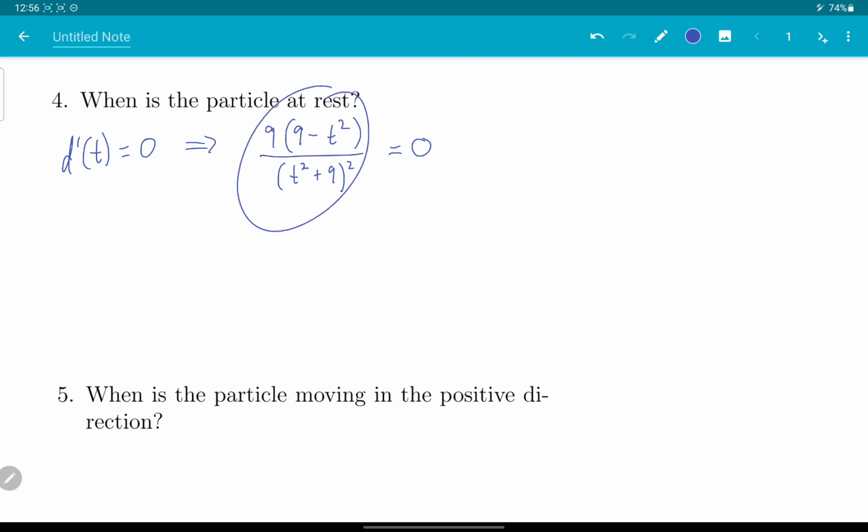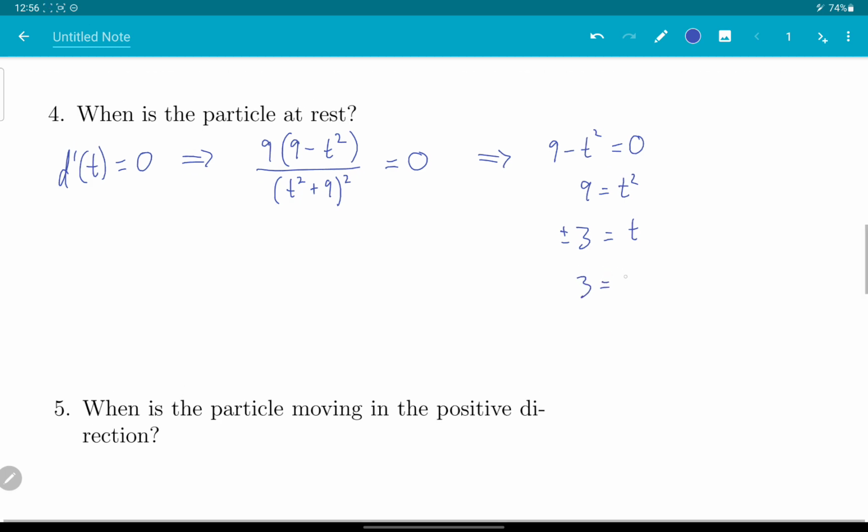So I got a fraction here, and it is 0. How is that possible? Well, the numerator must be 0. So 9 minus t squared must be 0. So I get 9 is t squared. So t is plus or minus 3. But I'm going to throw away the minus, because in this example, we decided that t is bigger than or equal to 0.